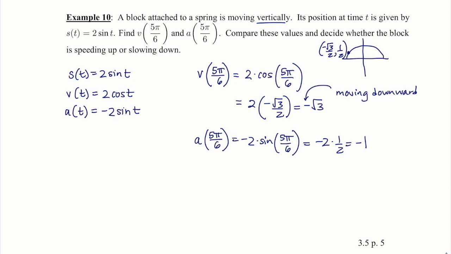And we're asked to compare these two values and decide whether the block is speeding up or slowing down. And you will recall from the previous section that when the signs of v of t and a of t agree, the object is speeding up.